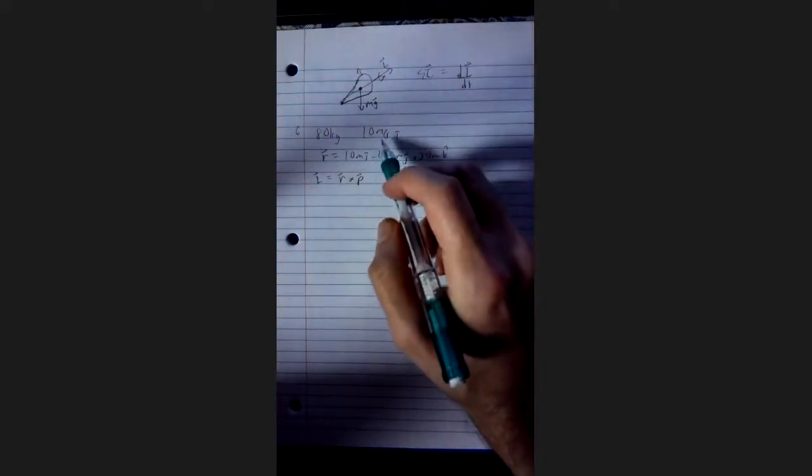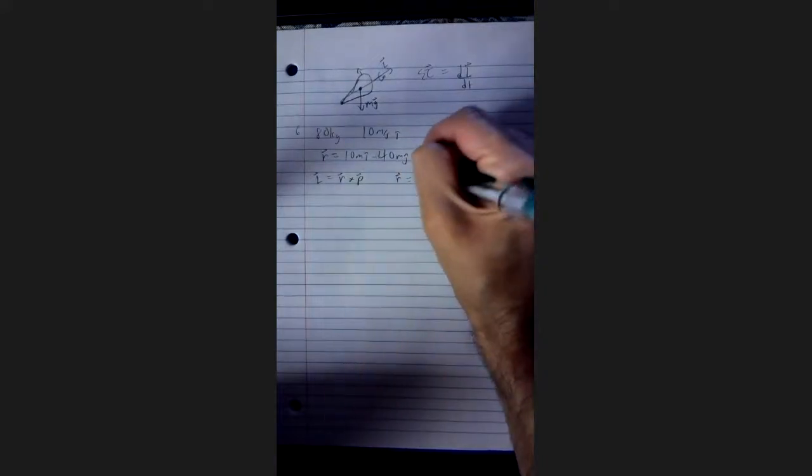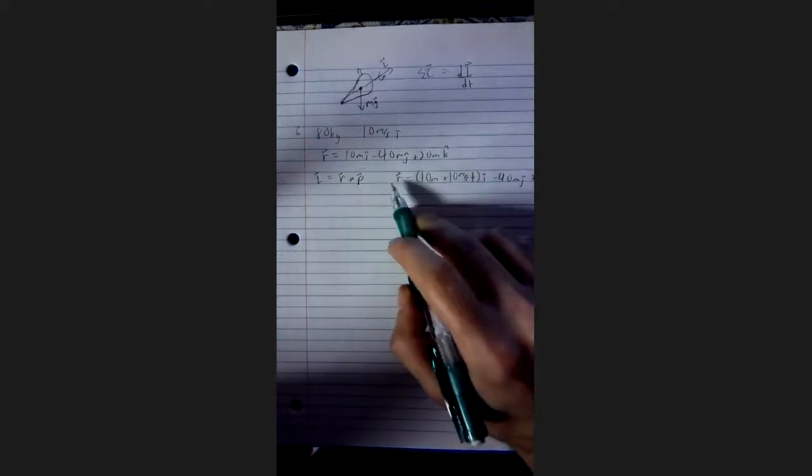Our velocity is constant and in the x direction, which means our x part is the 10 meters we were initially, plus 10 meters per second times time. That's in the x direction. The rest stay the same, minus 40 meters in the y direction, plus 20 meters in the z direction. Now we need to cross this into our momentum.